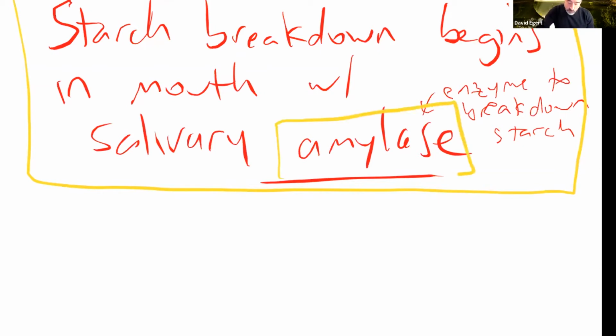Again, the actual enzymatic breakdown is going to happen from this amylase, which we're going to get just by spitting in a test tube. Literally, it's in your spit. And what are the conditions in your mouth? What's the temperature in your mouth?